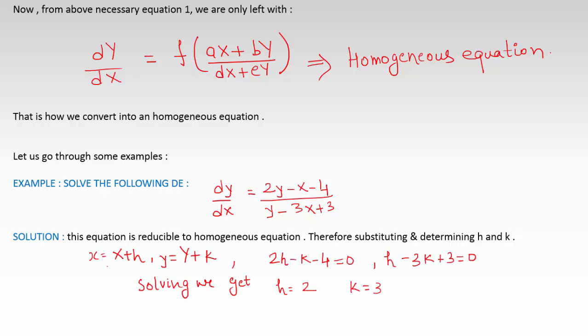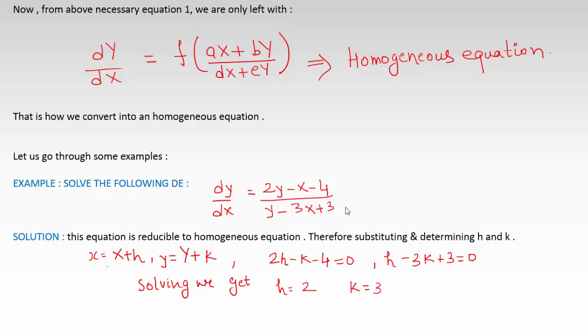So now doing the substitution, that is small x equals X plus h, y equals Y plus k, and 2h - k - 4 = 0, h - 3k + 3 = 0. Now a, b, c, d, e and f are all from this equation, that is a = 2, b = -1, c = -4, and we can find d, e, f also.